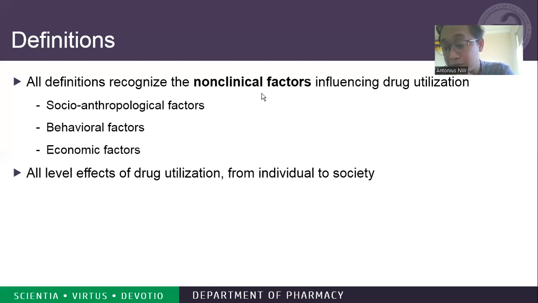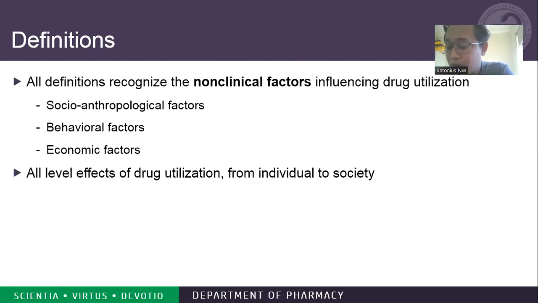Then it is also probably correlated with the behavioral factor I mentioned before: after taking three or five, they feel okay, and they stop the treatment. And then, so all definitions also point out the level of effects of drug utilization from individual to the society.